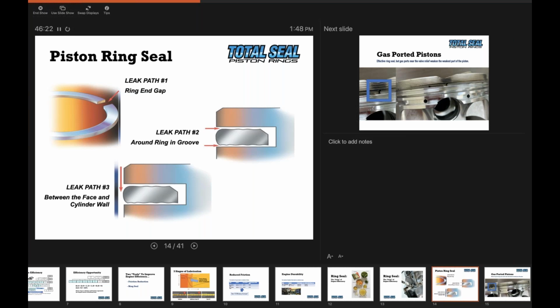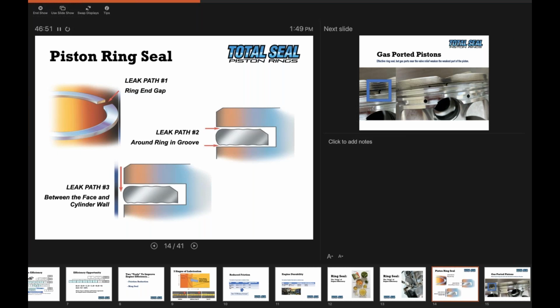But that's not the only leak path, right? Leak path number two is actually around the ring groove. And that's where the diamond finishing ring came in. When Total Seal got into NASCAR at Gibbs, that was the selling point, the diamond finish ring. You get that ring groove as flat and smooth as you can, then you need to have a flat, smooth ring to seal up properly.